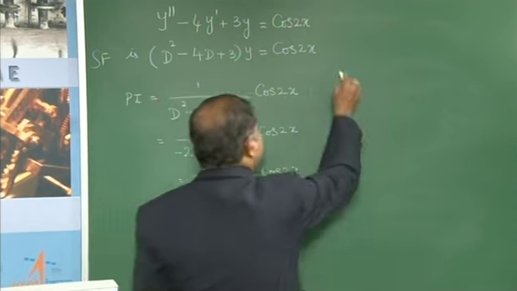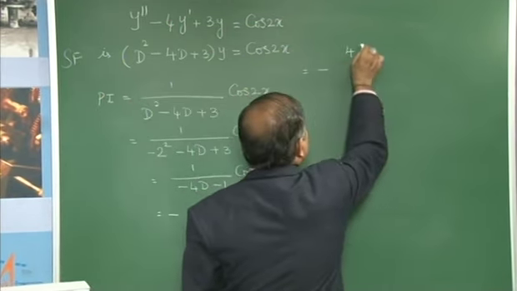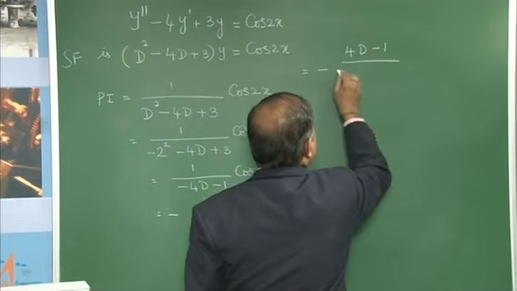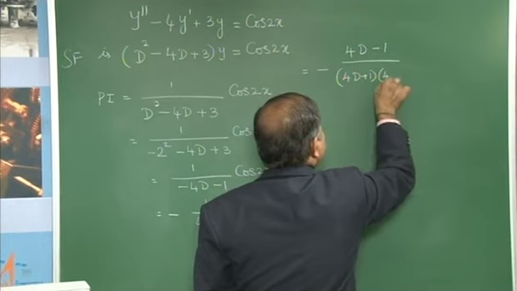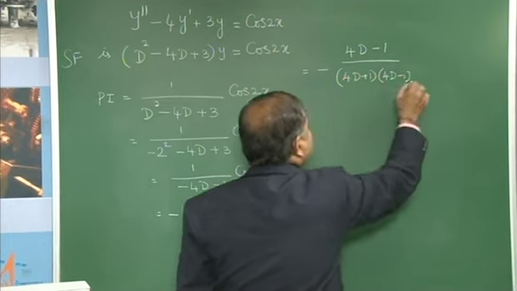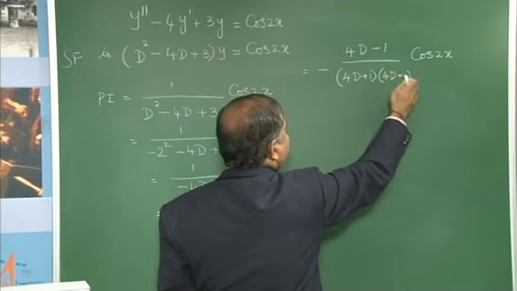So, what am I doing? Keep the minus as it is, 4d minus 1 in the numerator. The denominator already has 4d plus 1, and I am multiplying by 4d minus 1 only. So, the equation is satisfied, multiplying the same value in numerator and denominator: 4d plus 1, 4d minus 1.